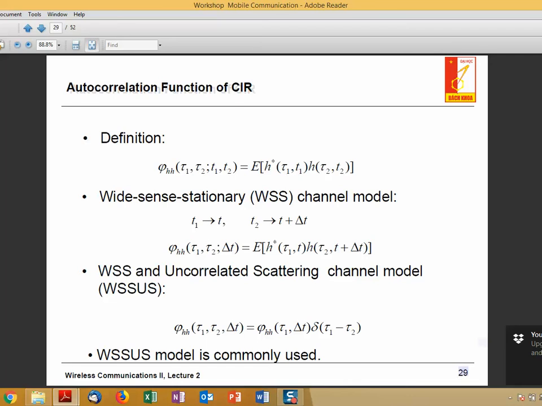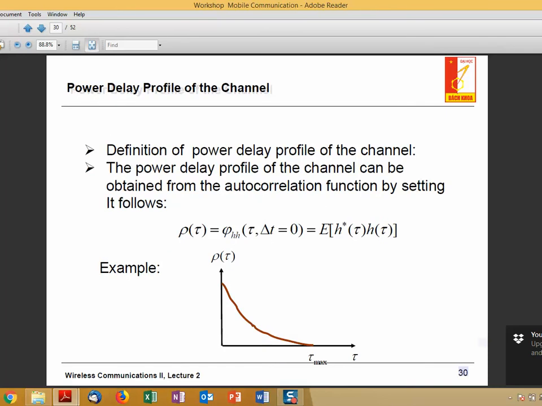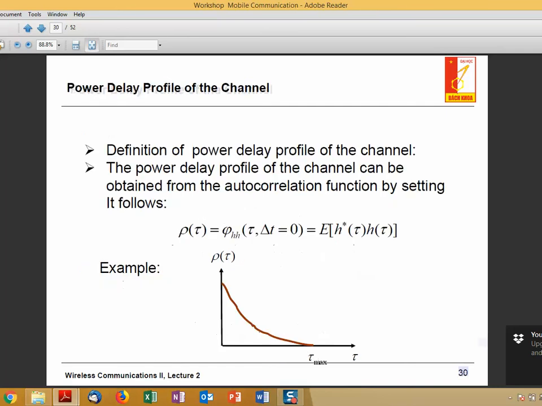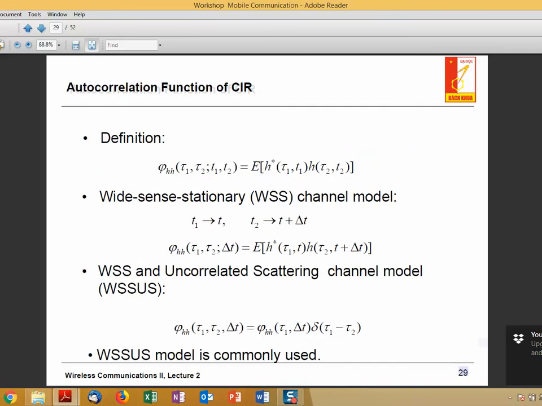And what we can derive more here is, suppose that we observe for delta equal to 0.